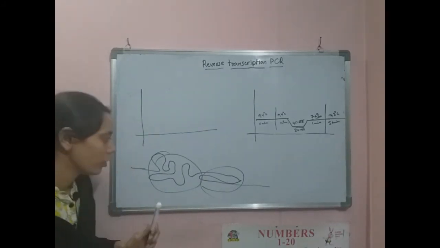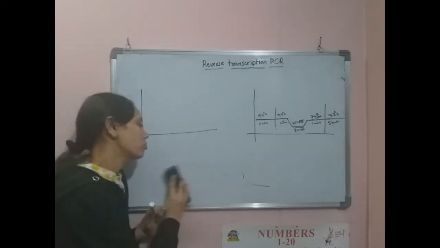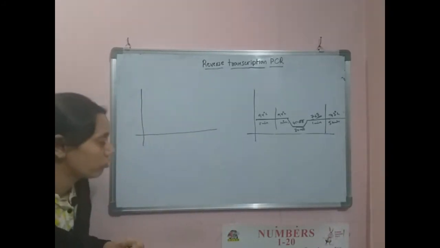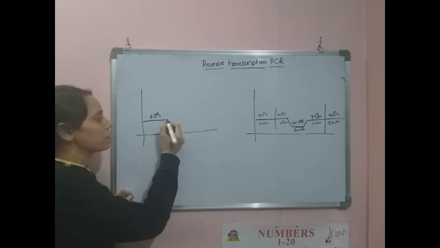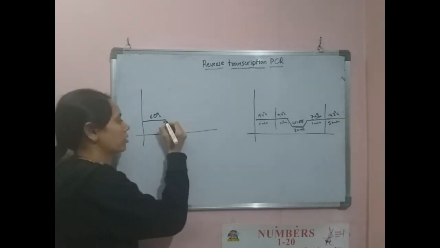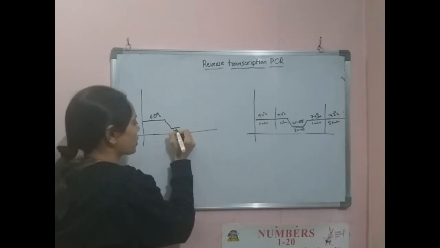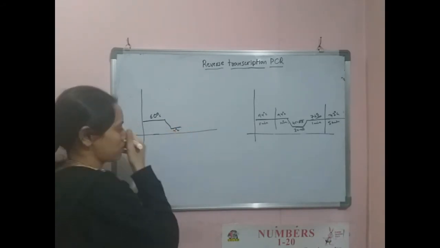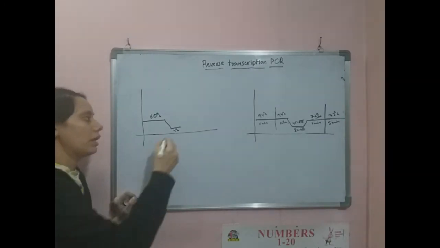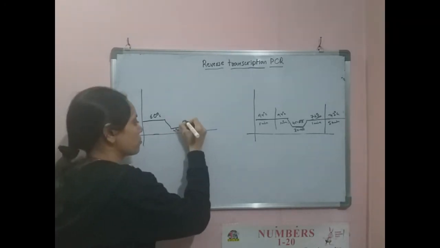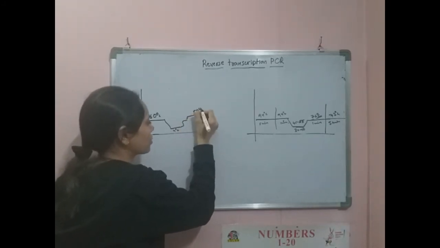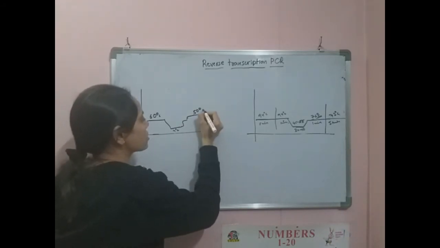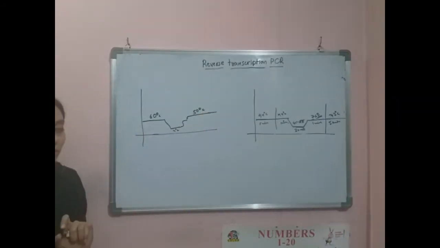For that we employ high temperatures. At 60 degrees we will start the reaction, followed by a quick chill, that means 4 degrees centigrade, and later we'll increase the temperature, maybe step by step, up to some 50 degrees. So this is the cycle for reverse transcription.